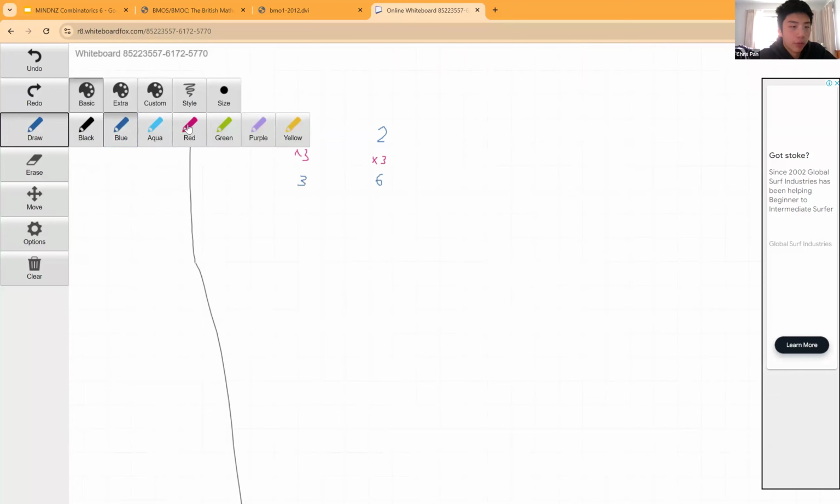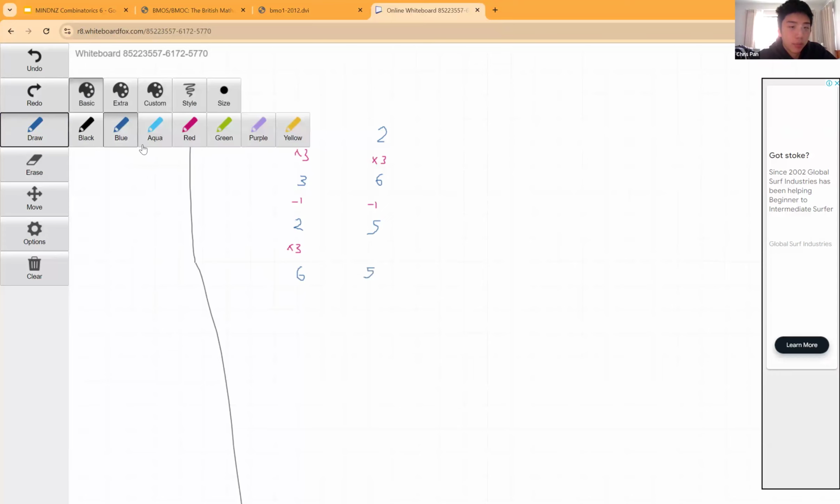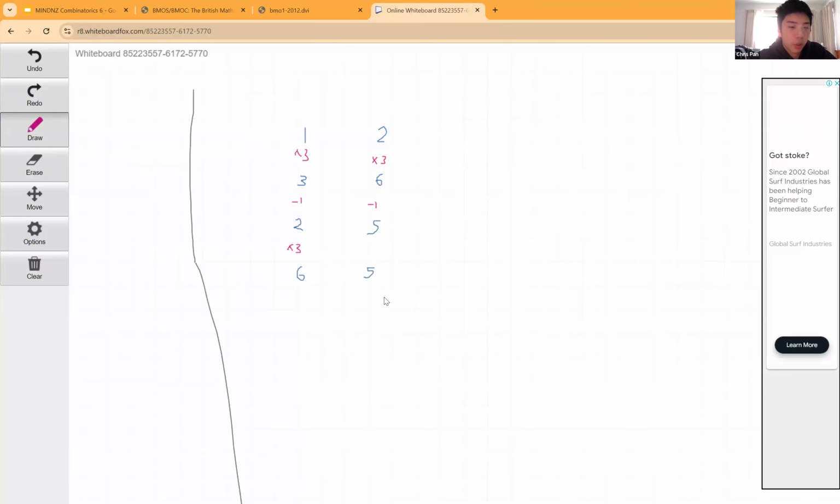Then maybe I'll subtract 1 from both sides. Maybe I'll try multiplying this side by 3. Hey, look, we're kind of close, right? 6 and 5. I like where this is going. But there's really no way to proceed from here.